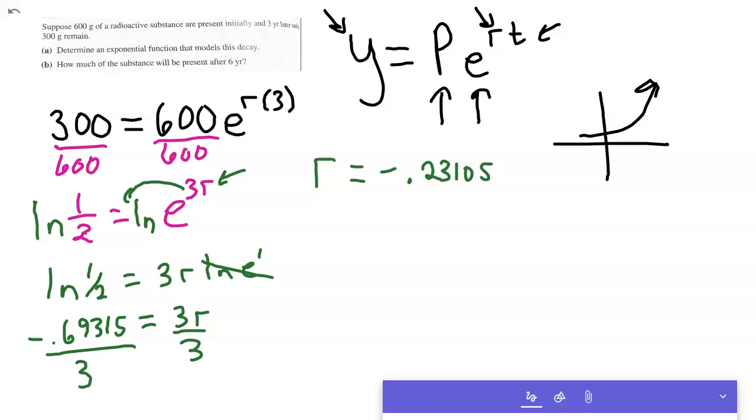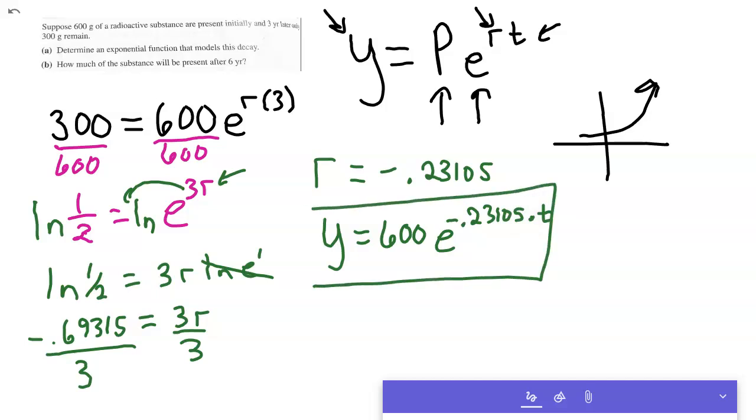And so that's what our model would be. So to find any amount of radioactive material, you could just use this model, y equals 600 e to the negative 0.23105 times t. And so that is the model we're after for any amount.